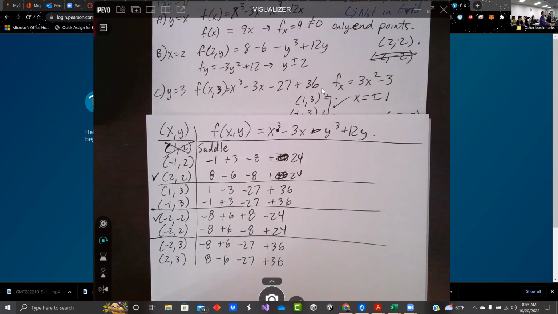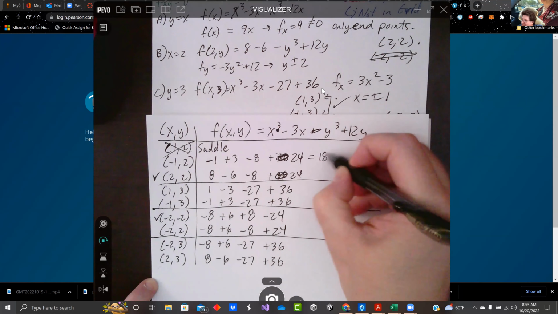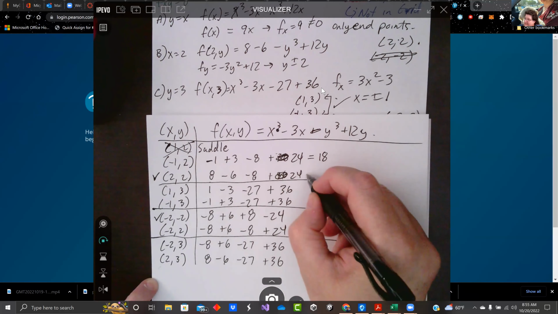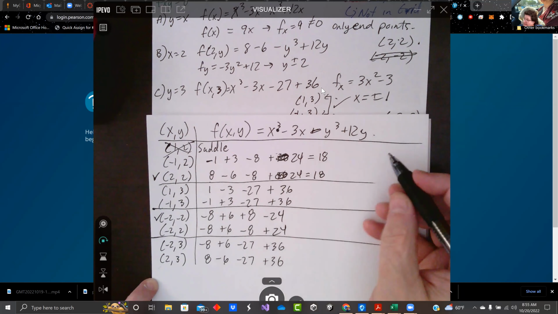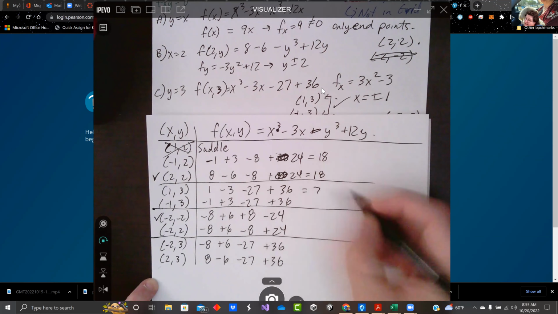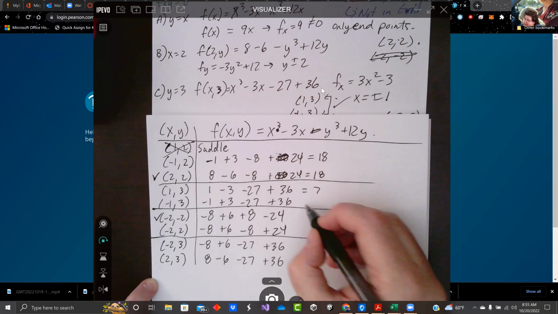Yep. All right, what do we get when we add all this up? 27 minus 9 is 18. These 8s cancel. 24 minus 6 is 18. 36 minus 30 is 6, plus 1 is 7. 39 minus 28 is 11.